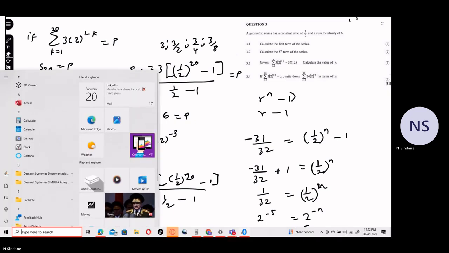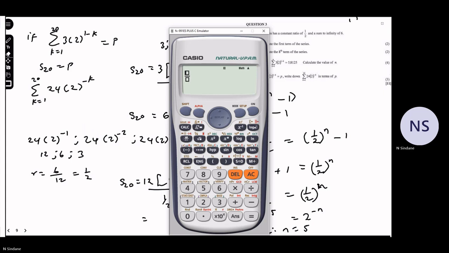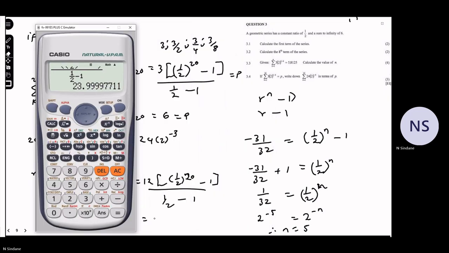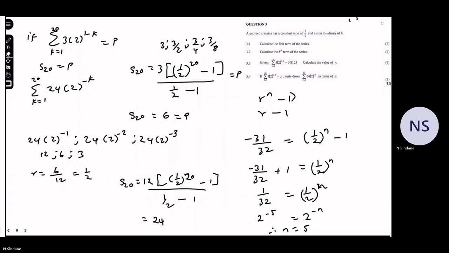Let's see our calculator. 12 into 1 over 2 to the power 20 minus 1, then over 1 over 2 minus 1. This is 24, right?